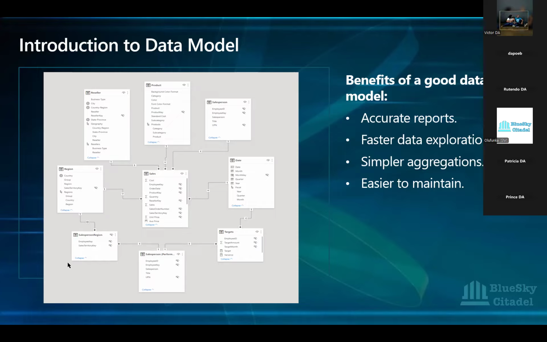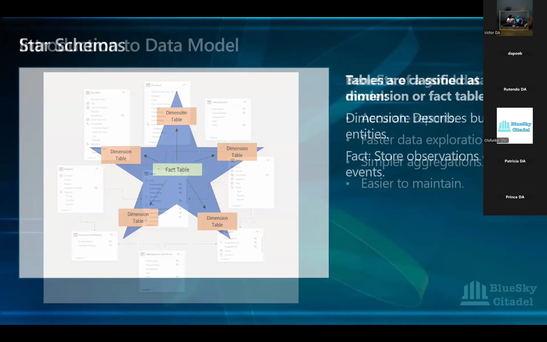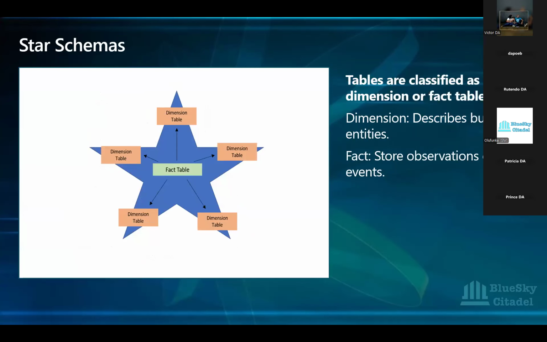So a good data model offers the following: data exploration is faster. That's what I've told you there. So let me move on to other things that modeling advantage will give you. Now, tables are classified. When you want to model, all your tables are classified.